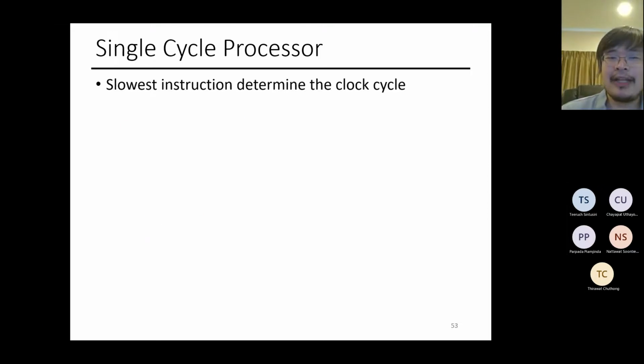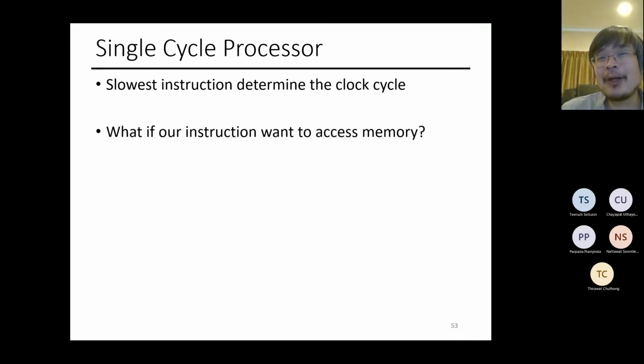And in a single cycle processor, the downside of this is if I have to support 100 different instructions, the slowest instruction would determine how slow my clock cycle is. So if my instruction wants to access memory, for example, this would take hundreds of nanoseconds, right?